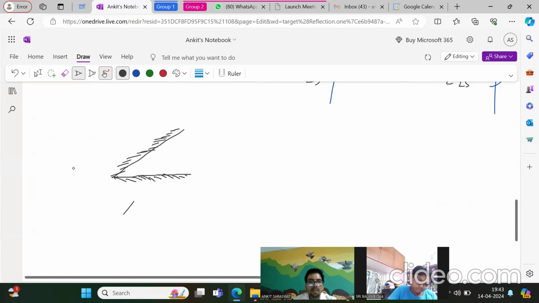If I place the object like this, as per the question, this is 20°, this is 30°, this is M1 mirror and mirror M2. Then tell me how many images will be formed. Now remember, this is a case of an unsymmetrical object. This formula is valid for symmetrical and unsymmetrical.